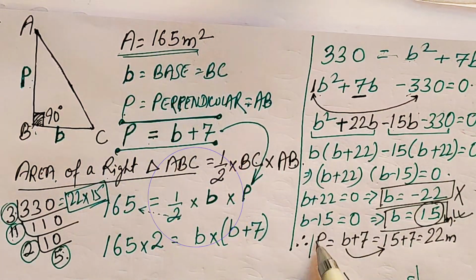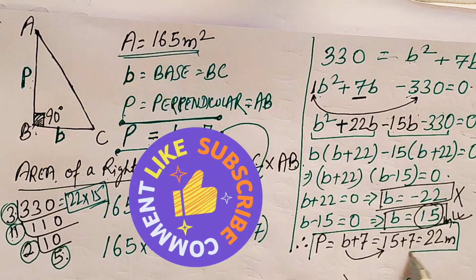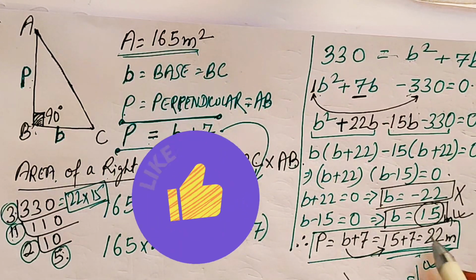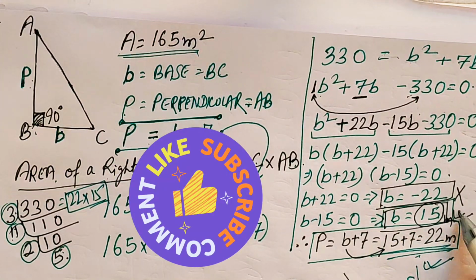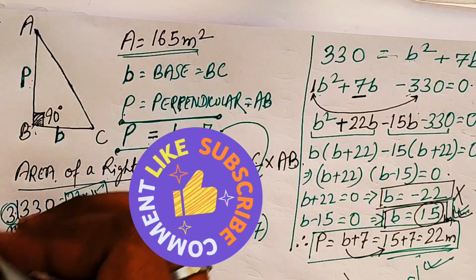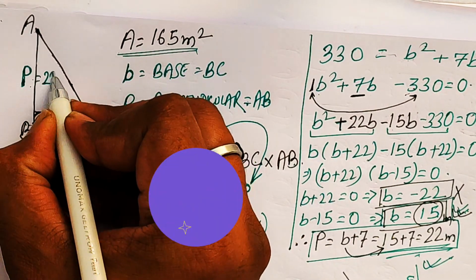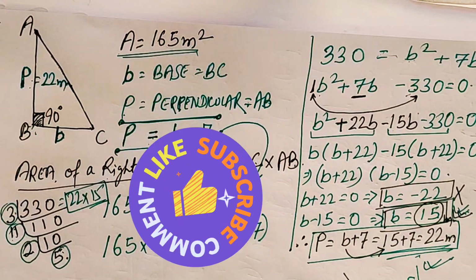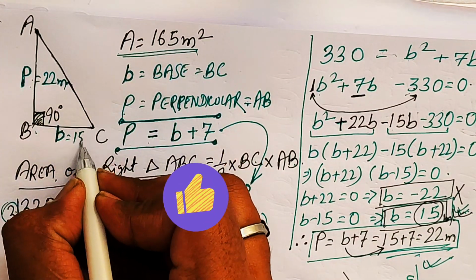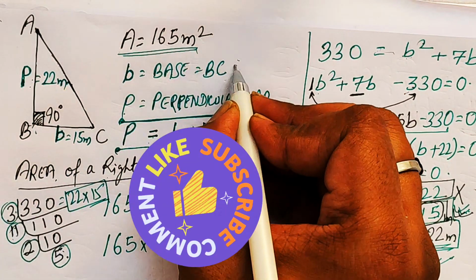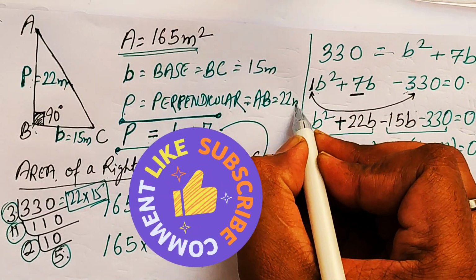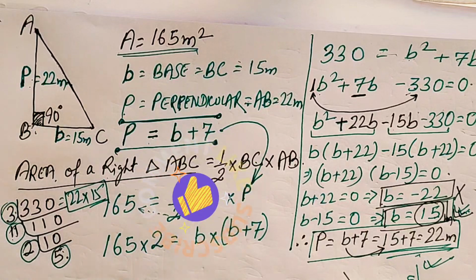So here we have identified the value of P after the value of B. I am writing the value of B as 15 meter, as we have derived from solving the above quadratic equation, and P as 22 meter here. So here we have solved this question and we get the value of base as 15 and altitude as 22.